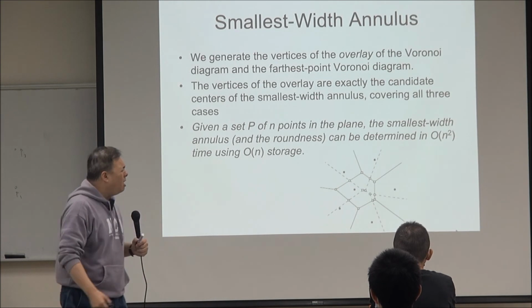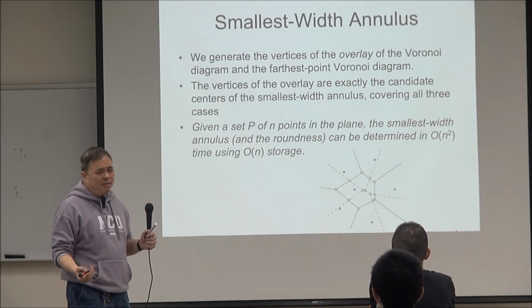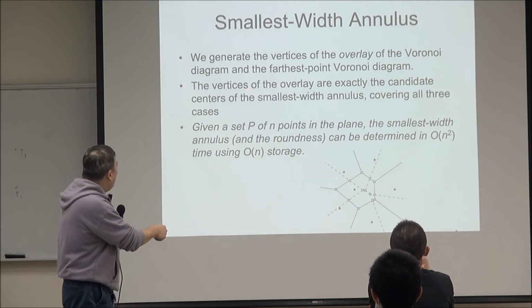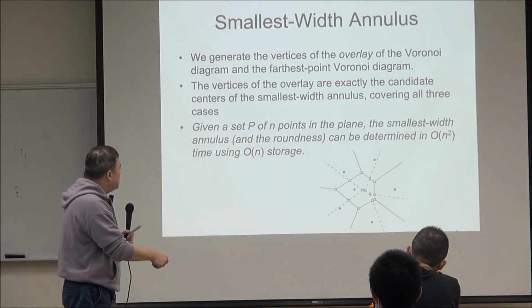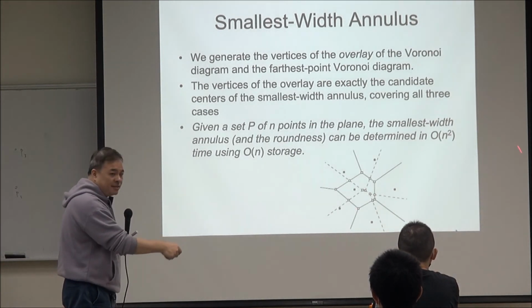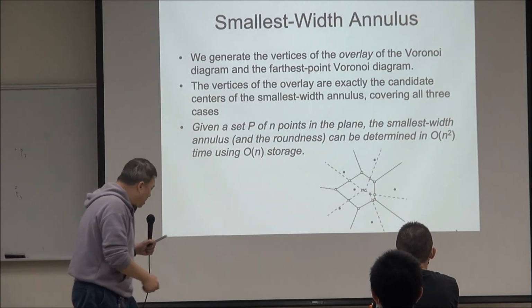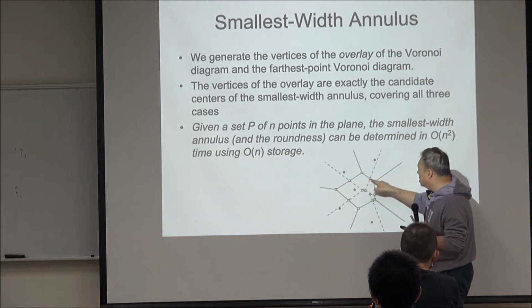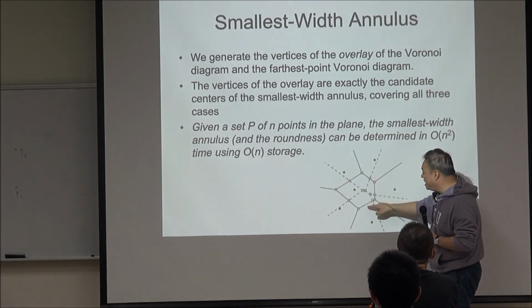Okay. How about the third one? The third one, actually, you are going to overlay 2 Voronoi diagrams together. Okay? And you will be able to find the intersections of some edges.